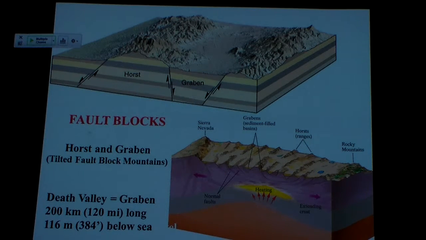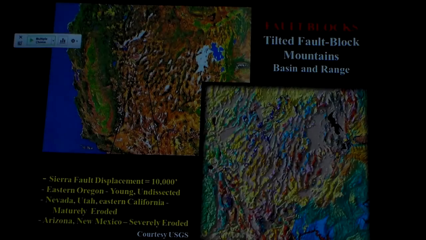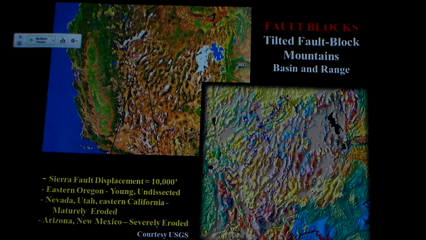It is a big GRABEN here, and Death Valley is basically 384 feet below sea level. So if the ocean were to connect, that would be a big flooded part of the ocean, but it's isolated. If I look at the southwest part of the United States, you can just see kind of one ridge after another.